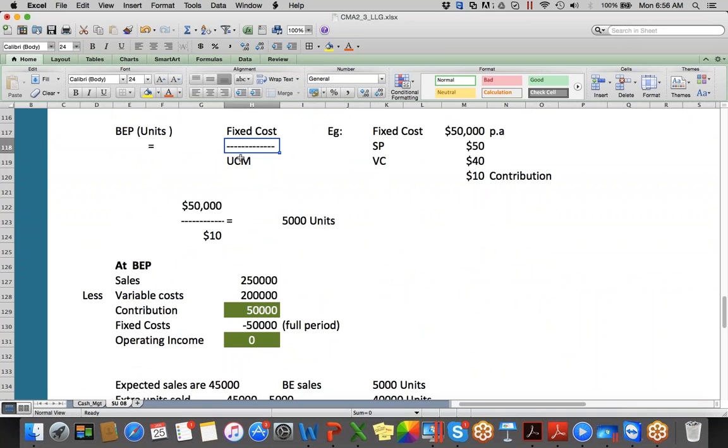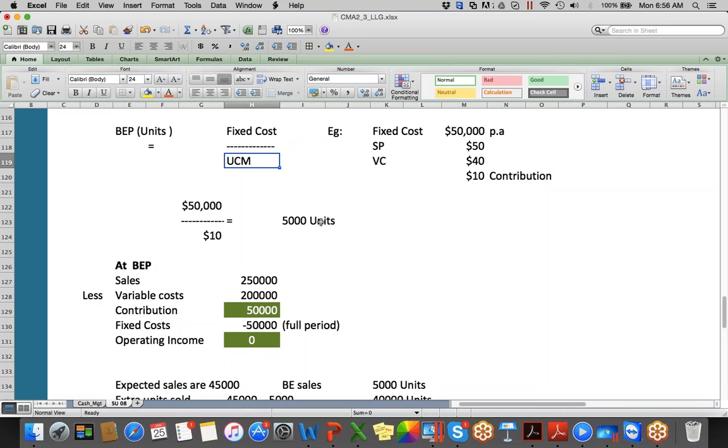A break even point can be calculated using units or using dollar amounts. Break even point in units you can find out by dividing this fixed cost divided by unit contribution margin.